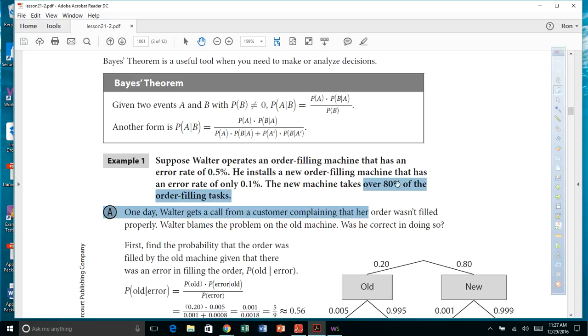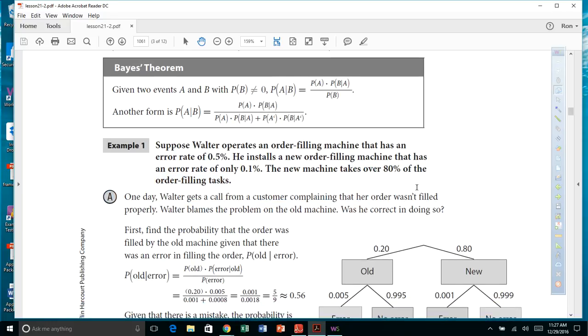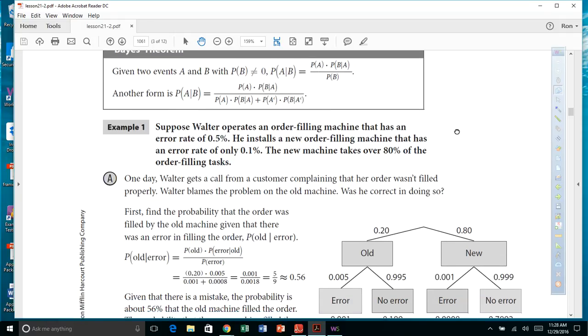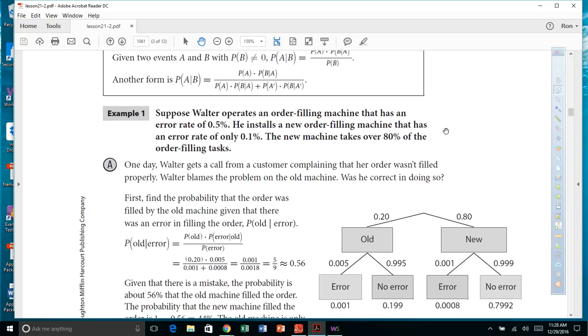Given two events A and B, with the probability of B not equal to 0, the probability of A given B is the probability of A times the probability of B given A divided by the probability of B. Another form is the probability of A given B equals the probability of A times the probability of B given A divided by the probability of A times the probability of B given A plus the probability of A complement times the probability of B given A complement.